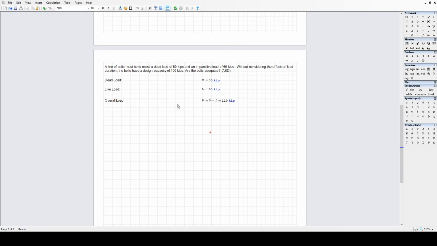Okay, so it seems at first that we have a problem. The dead and live load are 110 kips, but our bolts only have a calculated capacity of 100 kips. So if I put a little note here, without considering the effects of time, the connection seems inadequate, or the bolts seem inadequate.